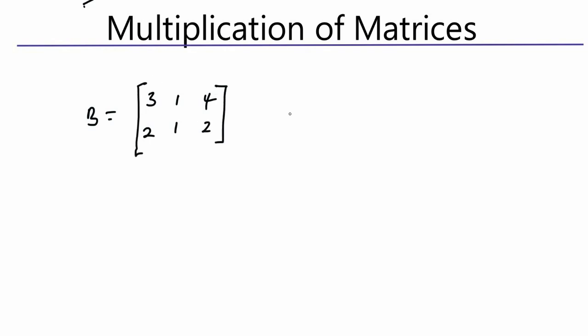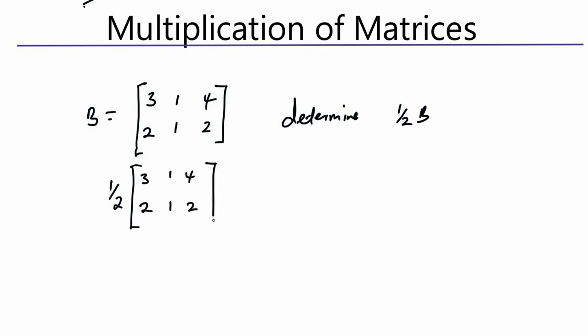Then you are told to determine a half B. So similar to our last example, a half B is a half multiplied by the matrix B, which is 3, 1, 4, 2, 1, 2. So again, multiply the value that is outside our matrix with all the elements in our matrix.